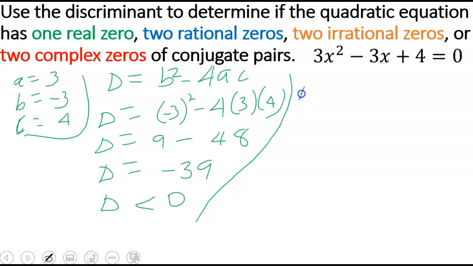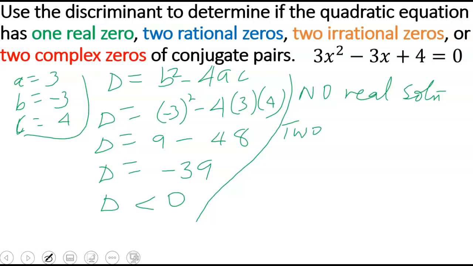If the discriminant is less than 0, then there are no real solutions. But there are imaginary solutions, so there are complex solutions. Two complex solutions, because complex solutions always come in conjugate pairs.